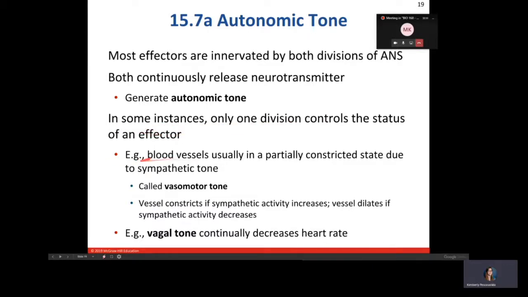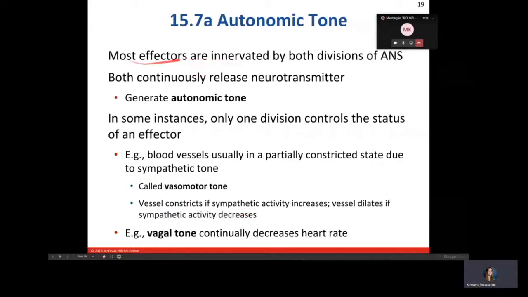And so our blood vessels are only going to be controlled by the sympathetic nervous system. So they're usually partially constricted due to sympathetic tone. And so this is called vasomotor tone. The vessel will constrict if sympathetic activity increases, and the vessel dilates if sympathetic activity decreases.